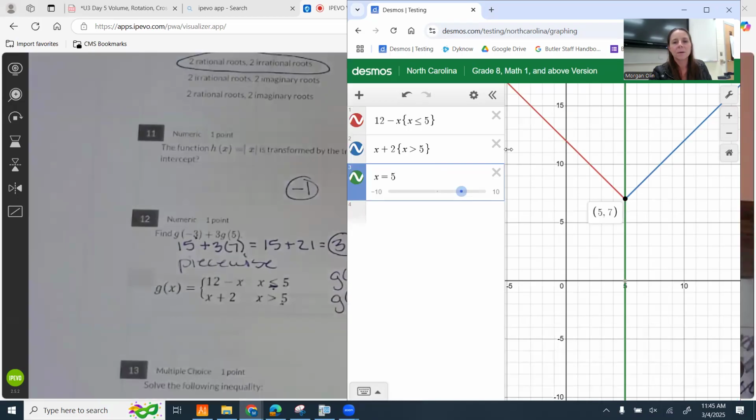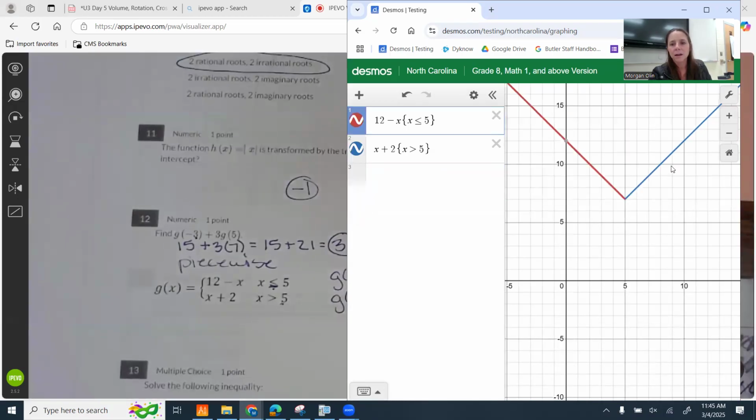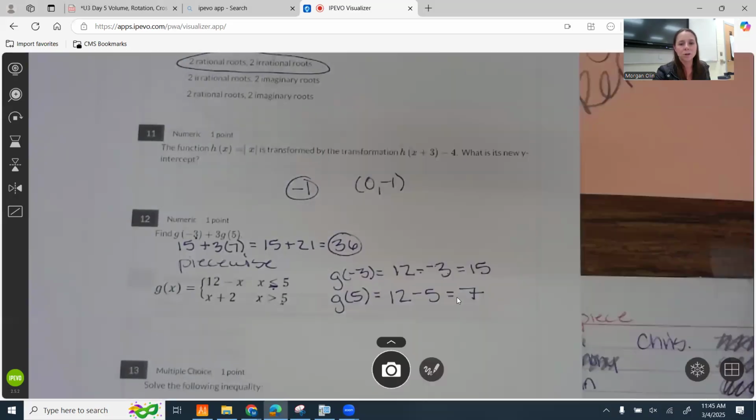It is 7, but here's a thing you're going to want to do. Like say this blue one, do you see how I can't get to the end and it's got an open circle and it's undefined? So therefore, the answer must be right here. Okay, so we got 7. And isn't that the value you saw right there? You just need to plug it into the equation like we did and then solve it.